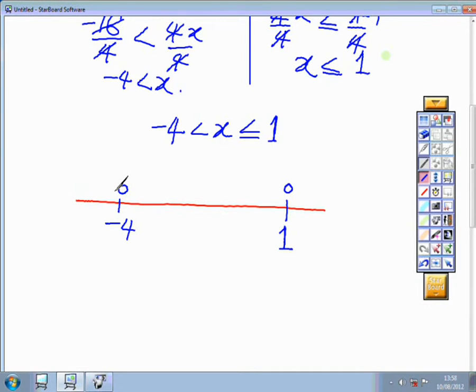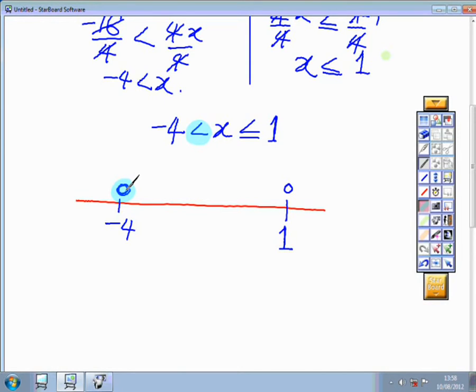For the reason of this inequality being a strict one, strict in the sense that there is no equality in it, so it is strictly less than, this o here is going to be left open. That is open, not shaded inside.